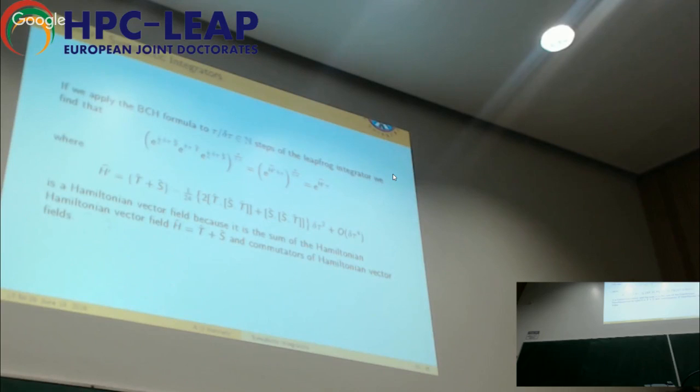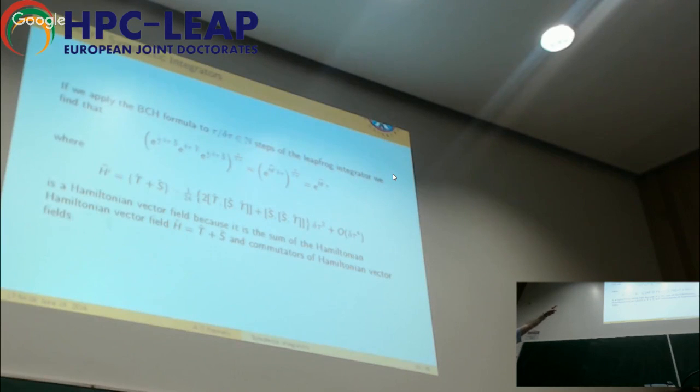And if I do a sequence of tau over delta tau steps to get a long trajectory of length tau, this can be written as e to the h prime hat delta tau, raised to the power tau over delta tau, where h prime hat is the vector field, the Hamiltonian vector field, which is built out of the Hamiltonian vector fields t hat and s hat using the BCH formula.